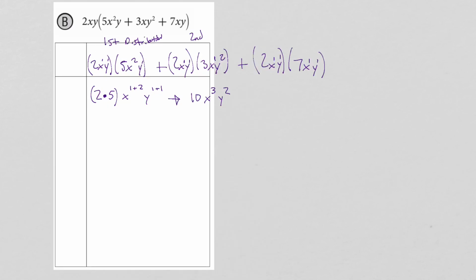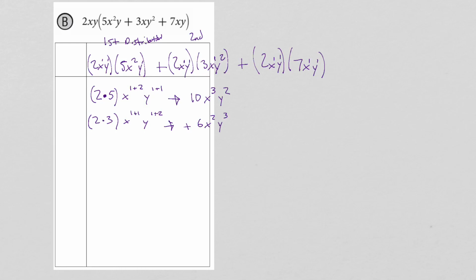You have 2 times 3 times x to the 1 plus 1 times y to the 1 plus 2. And that's going to equal a positive 2 times 3, which is 6. 1 plus 1 is 2. And 1 plus 2 is 3.